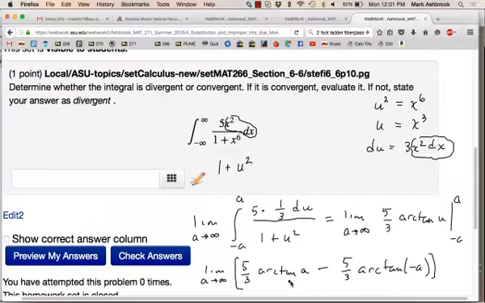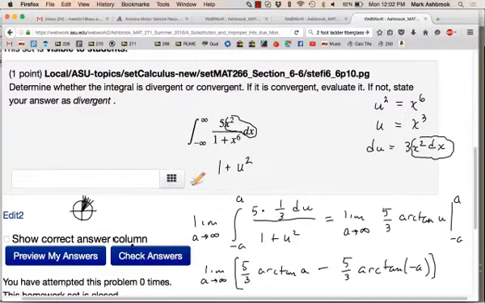And so we have to know something about arctangent here. The input into arctangent is slope and the output is angle. So we're going to let the slope of the terminal side in the unit circle get really, really large positive. Where does it get really, really large positive? Pi over 2, right?